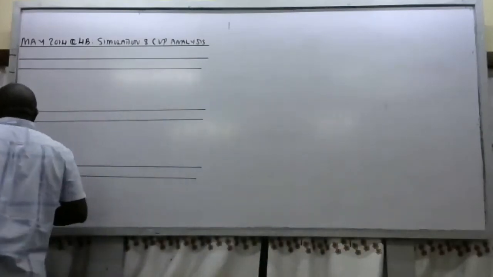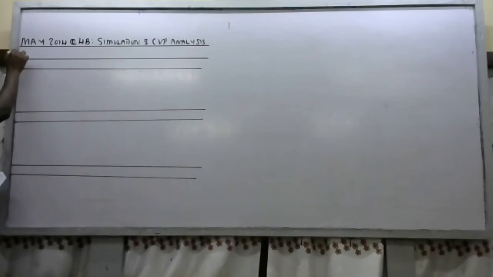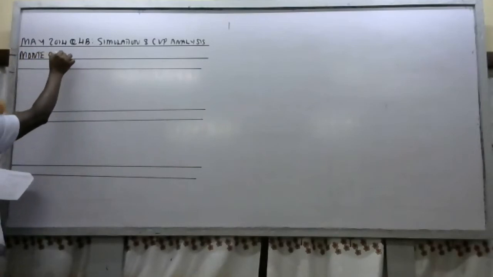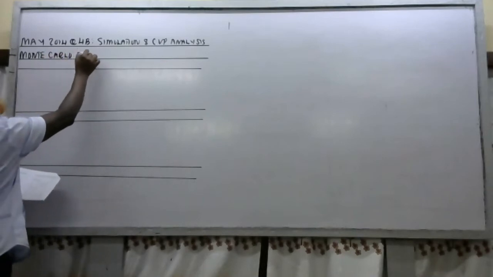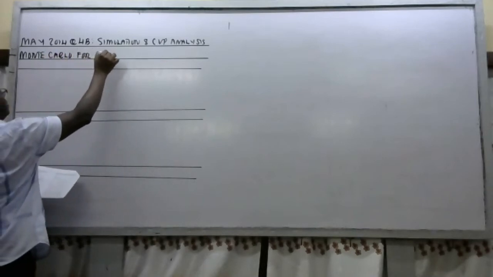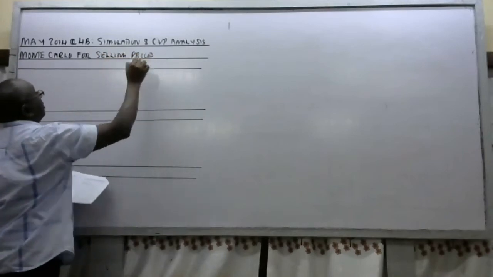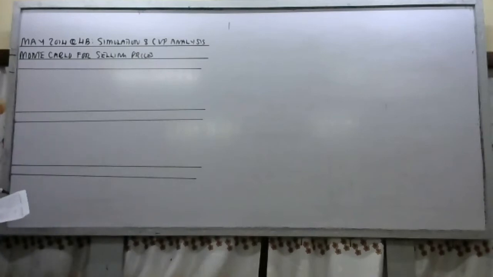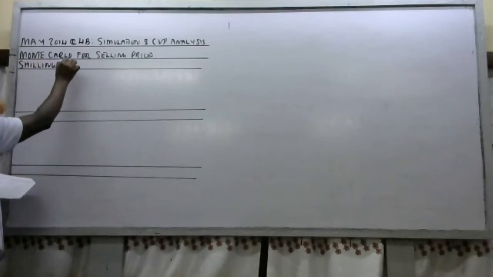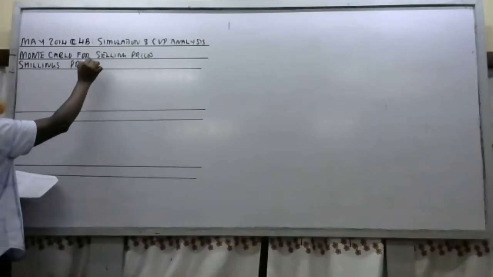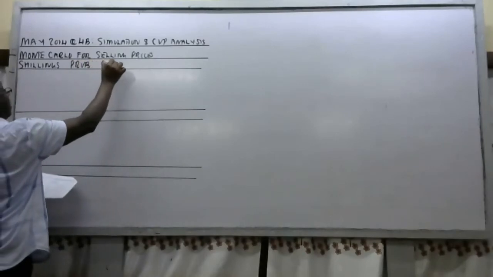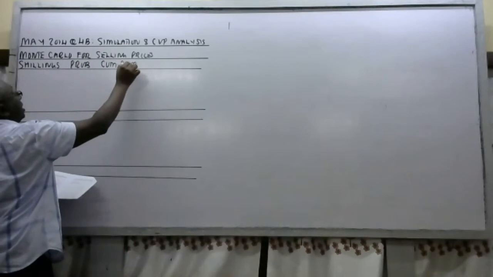So we are going to have Monte Carlo for selling prices. And as you know, we begin with shillings. Then we have the probability. We have the cumulative probability.